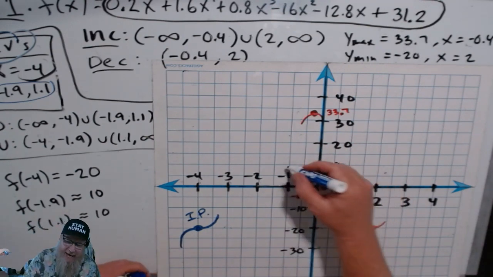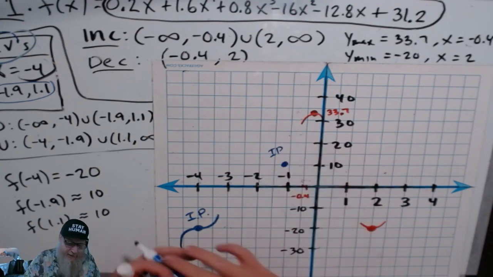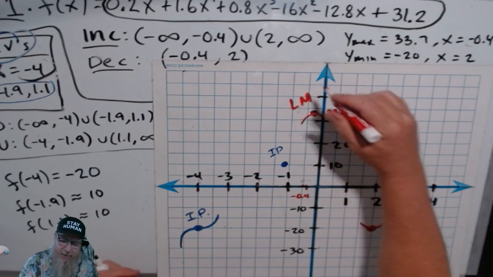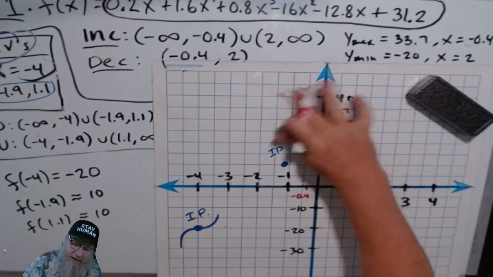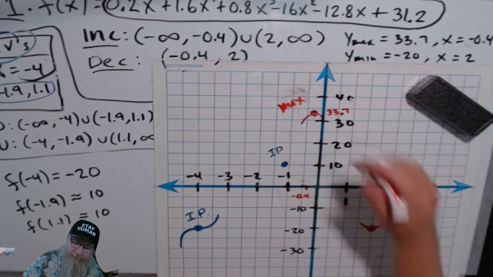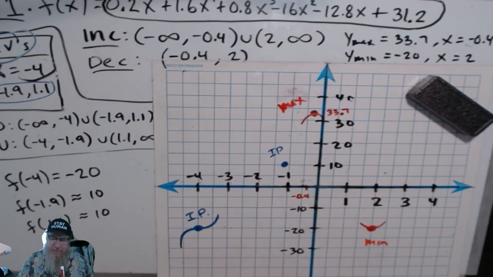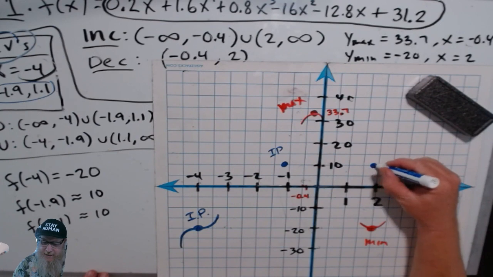So right here at -1, you have an inflection value or an inflection point. We have L max, or let's say just max. Down here you have a min. All right, and then you got another inflection point right about here.